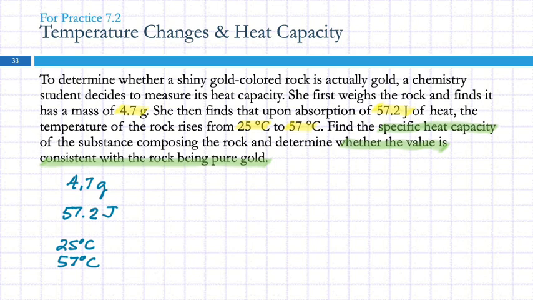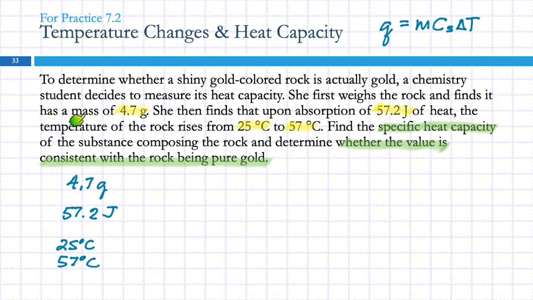They're asking for the specific heat capacity, so we probably need the Q equals MCΔT equation. These problems sometimes require a unit conversion or so, but mostly they're solved with an equation. Dimensional analysis cannot solve all of our problems.